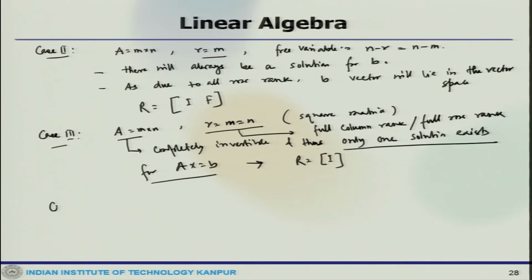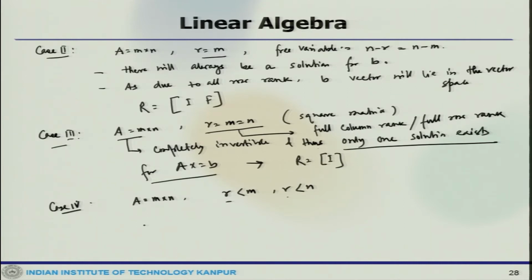And there could be another situation where, for A equals m by n, r could be less than m and r is less than n. So, this will be the rank which is neither full row rank nor full column rank.